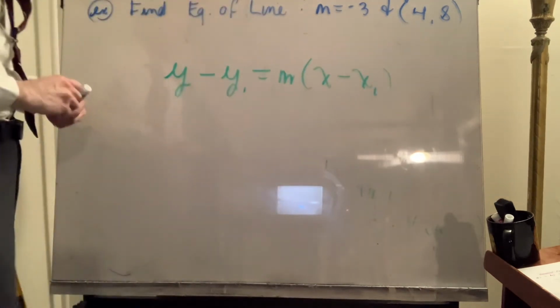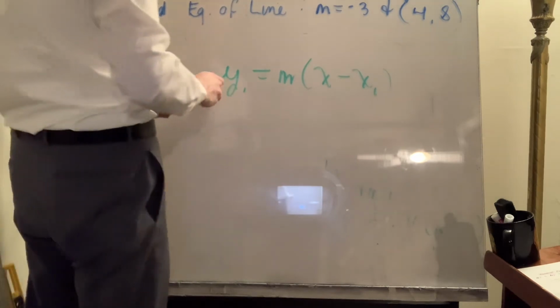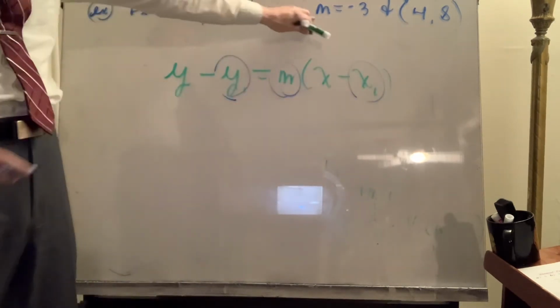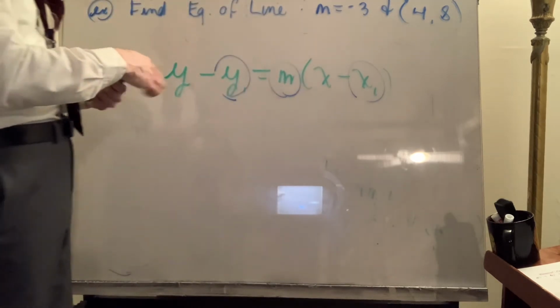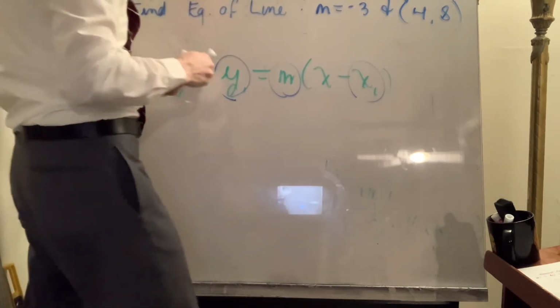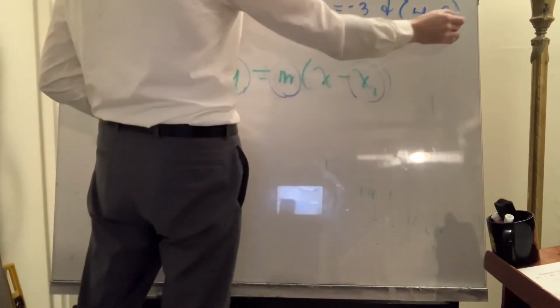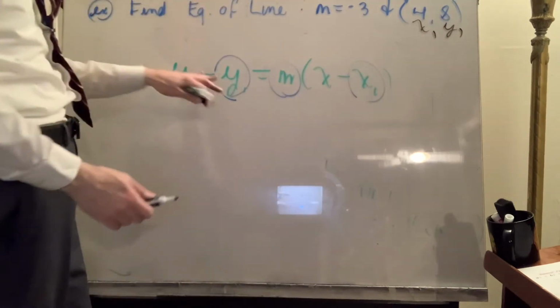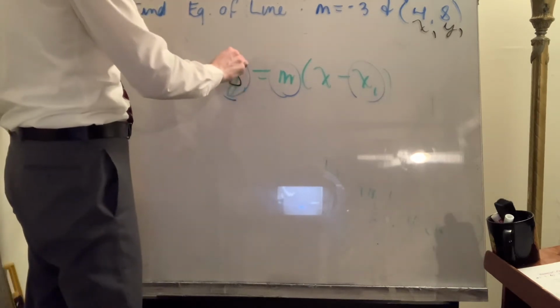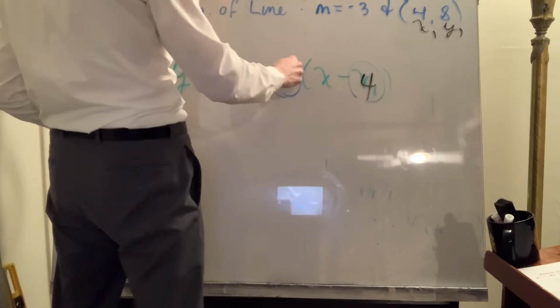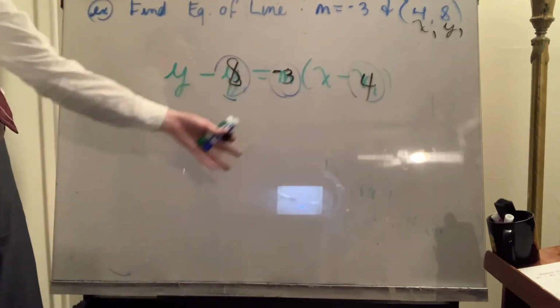And just realize you're going to fill in this figure here, here, and here with the information given to you. So remember, x is first and y is second, so I'll put subscripts. You would stick an 8 here, and a 4 here, and -3 for this condition, and then clean it up.